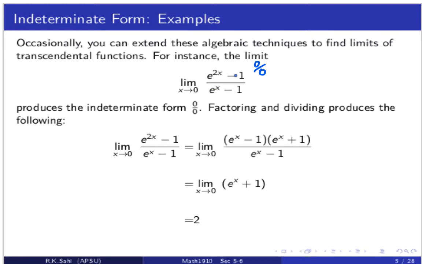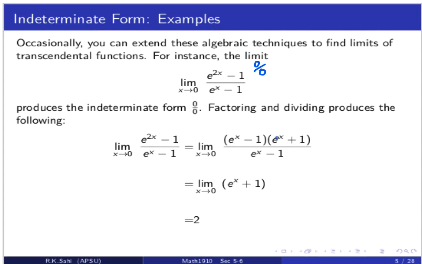So we see what other algebraic technique we can use so that we can find the limit value, if possible. Now let's look at the numerator, e to the power 2x minus 1. If you remember, it's a difference of squares: (e to the power x minus 1) times (e to the power x plus 1). When you multiply, you get e to the power 2x minus 1.